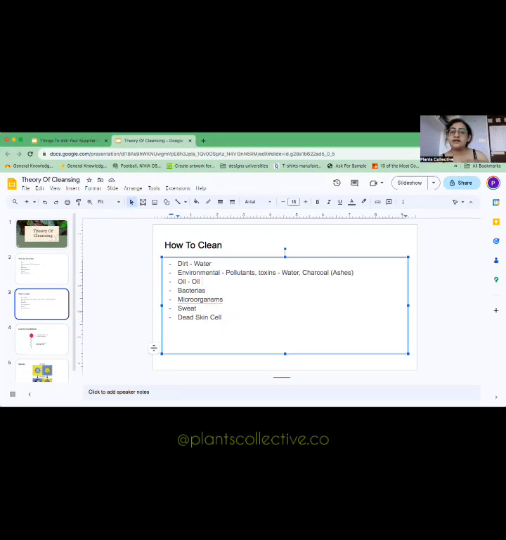That is the reason why in the olden times people used olive oil, castor oil, and other different kinds of oils, depending on the locality.